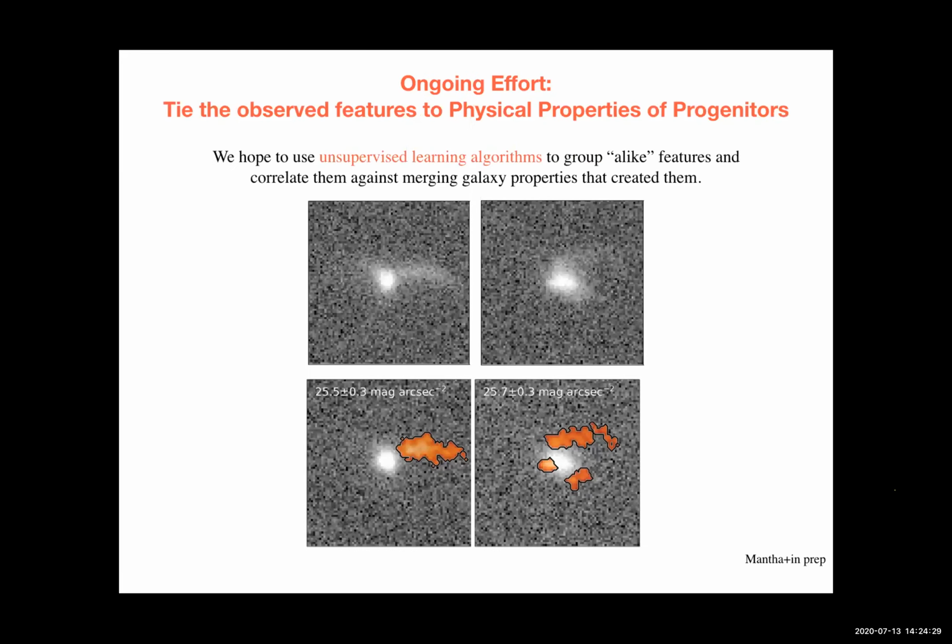So the goal of this work would be to use some machine learning and unsupervised learning algorithms to basically group features according to some properties and correlate them with the known properties of the mergers that cause them. For example, mass ratio, stellar mass of the galaxy, redshift, and so on, and understand the mapping between the features that we see and what caused them.